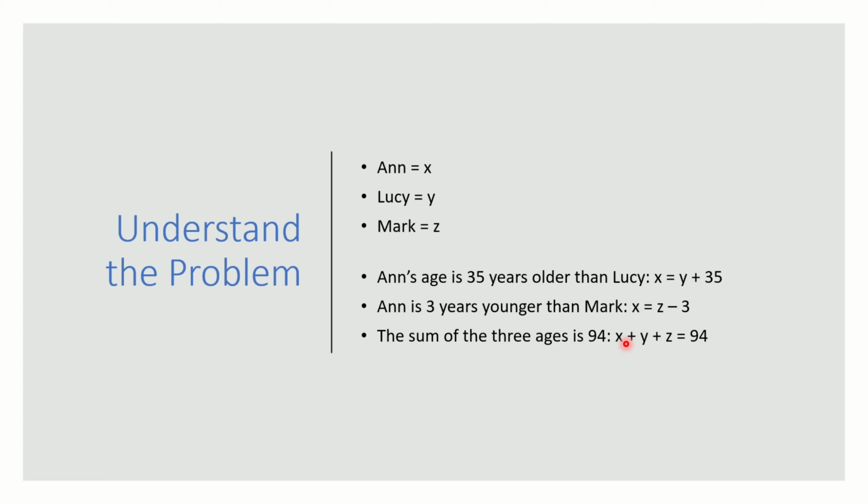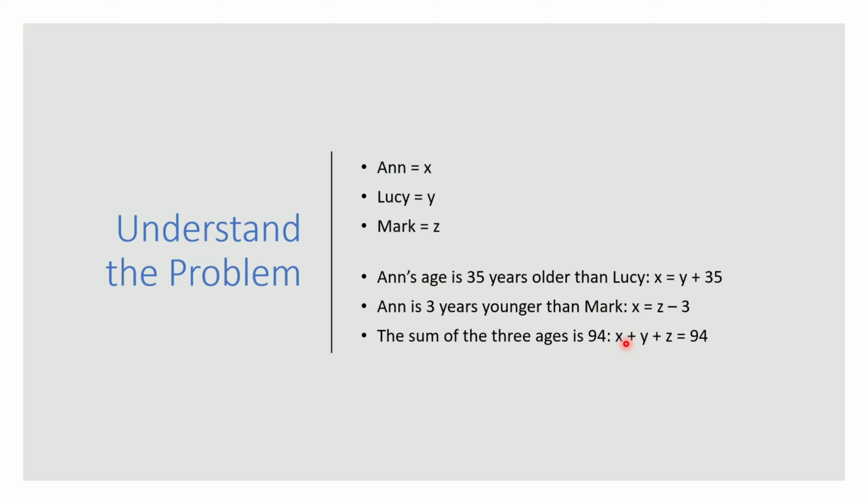First, Anne's age is 35 years older than Lucy. So we can translate this statement as x, which is Anne, equals y, which is Lucy, plus 35, which is their age gap. We used addition because in the problem, Anne is older than Lucy.